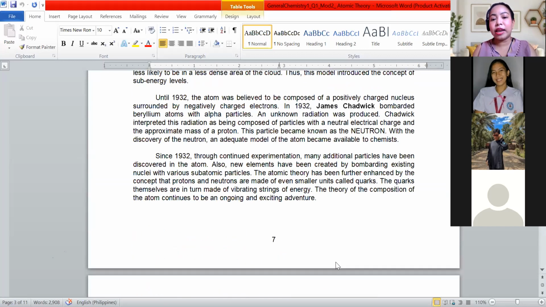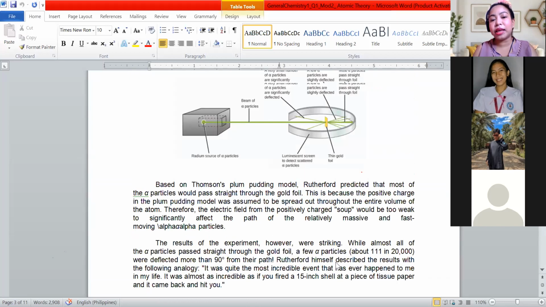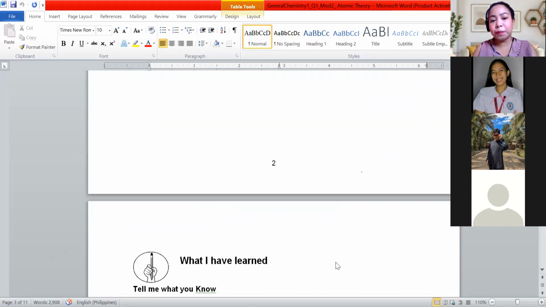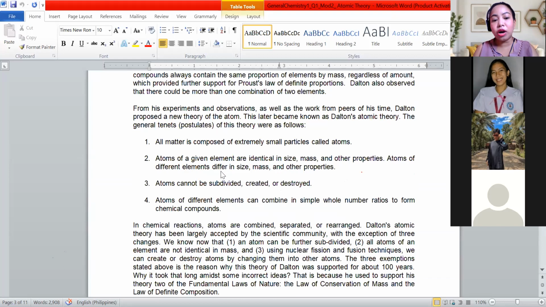Because of the birth of these 3 subatomic particles, the theory of Dalton was no longer used. But not all of it; some parts are still used. All matter is composed of extremely small particles called atoms. It is still true. Atoms of given elements are identical in size, mass, and other properties. Atoms of different elements differ in size, mass, and other properties. It's still true.